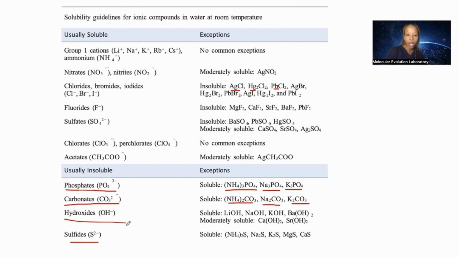In terms of the hydroxides, the soluble exceptions are lithium hydroxide, sodium hydroxide, potassium hydroxide, barium hydroxide. And the exceptions for the sulfides are potassium sulfide, sodium sulfide, magnesium sulfide, calcium sulfide. The phosphates, carbonates, hydroxides, sulfides are usually insoluble.